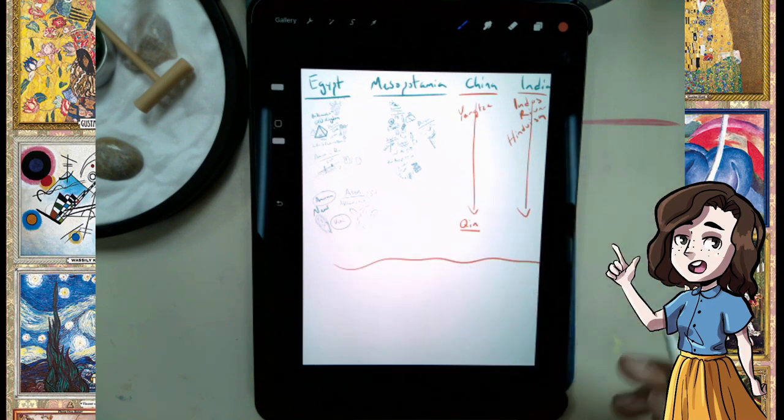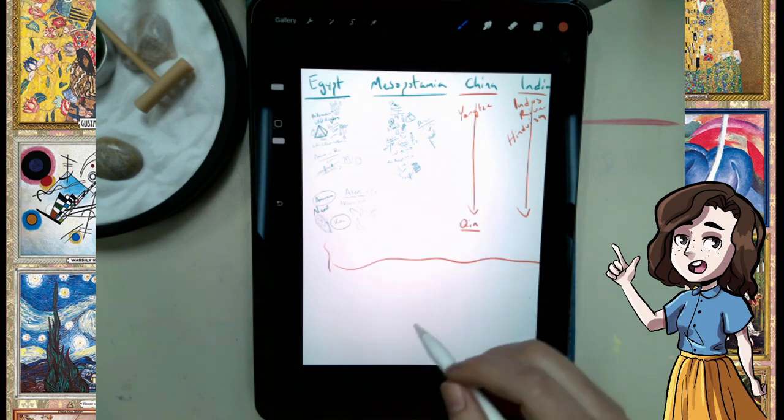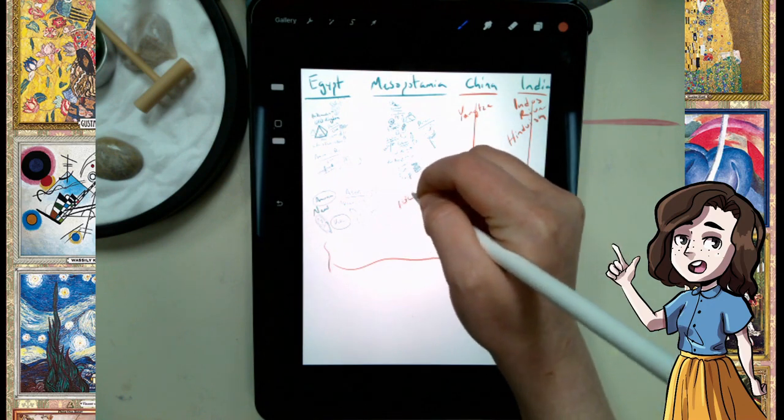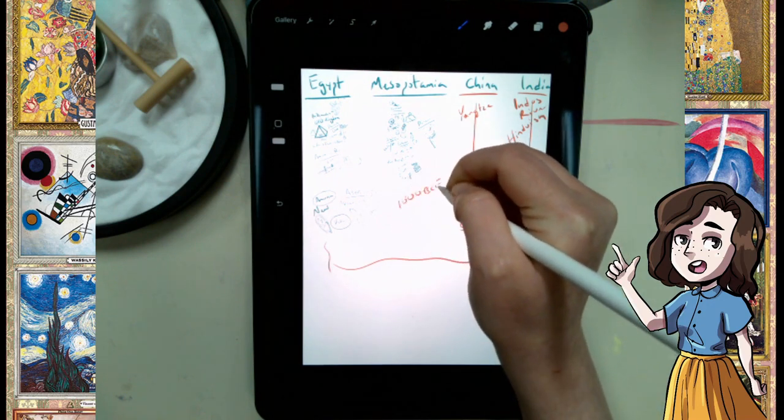So this is all BCE stuff. Egypt does continue beyond it a little bit, but the Greeks do not wipe them out, but they do get rid of them. So we're looking at, let me confirm, around 1000 BCE for Mesopotamia, roughly. This is very rough.